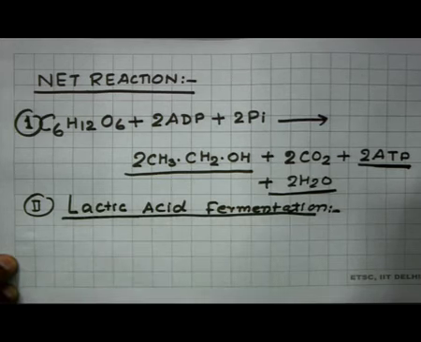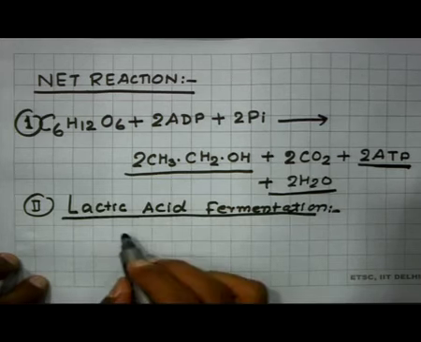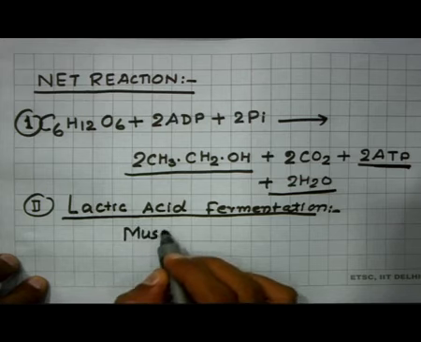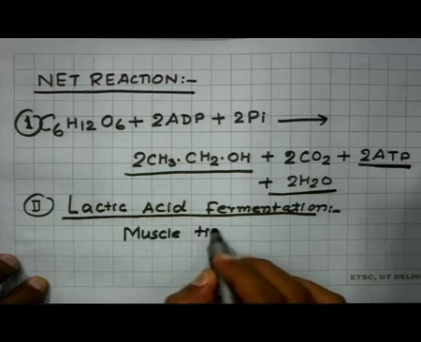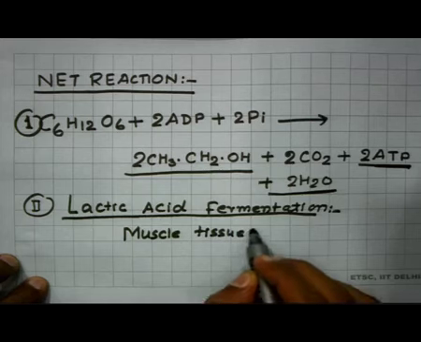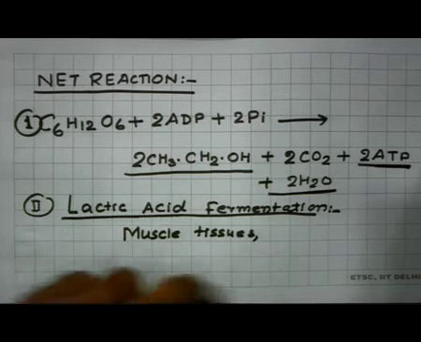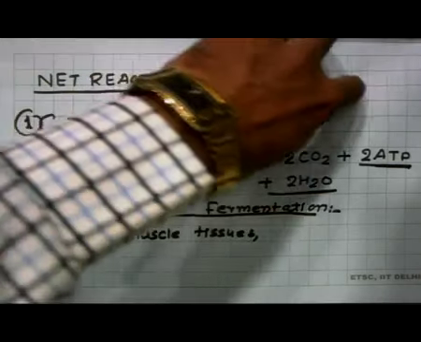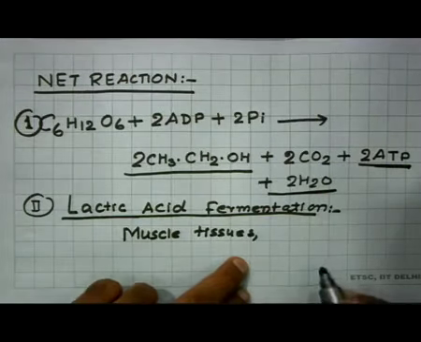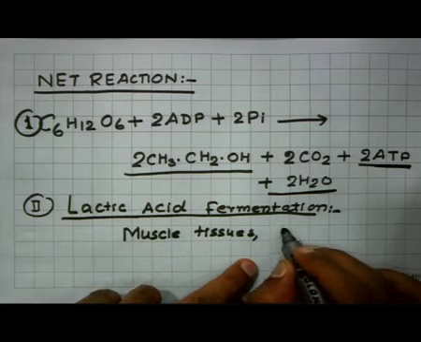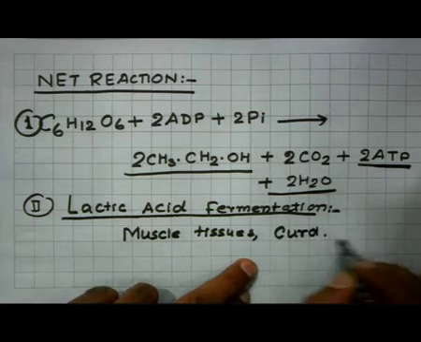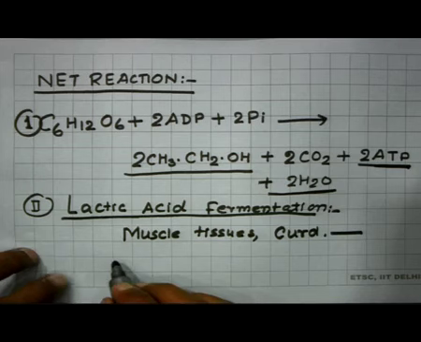The lactic acid fermentation is formed in muscle tissue, and is most commonly used in our day to day life in household items, that is the formation of curd using lactic acid bacteria.